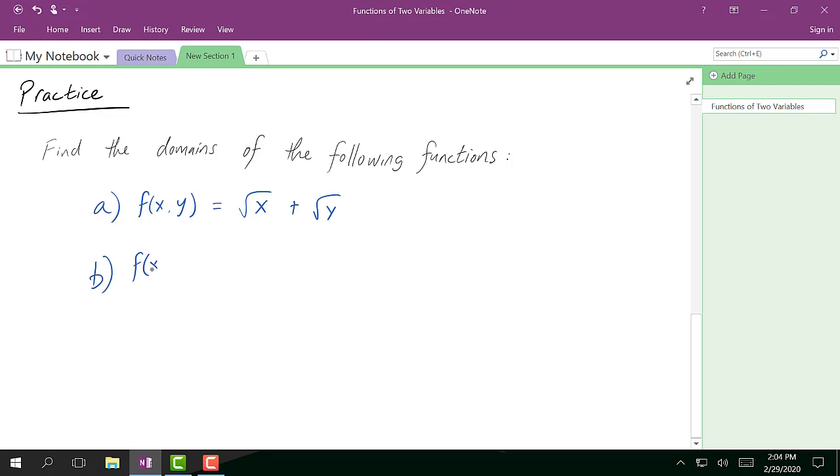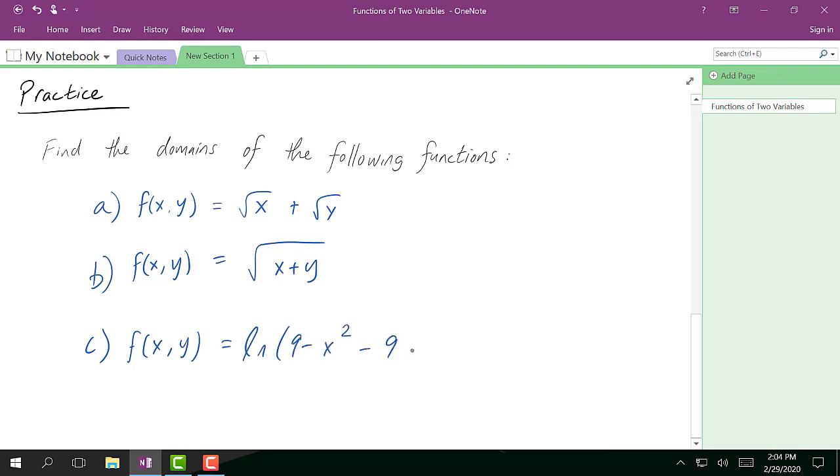B is going to be f of x, y equals the square root of x plus y. And then in part C, we're going to find the domain of the function f of x, y equals the natural log of 9 minus x squared minus 9y squared.